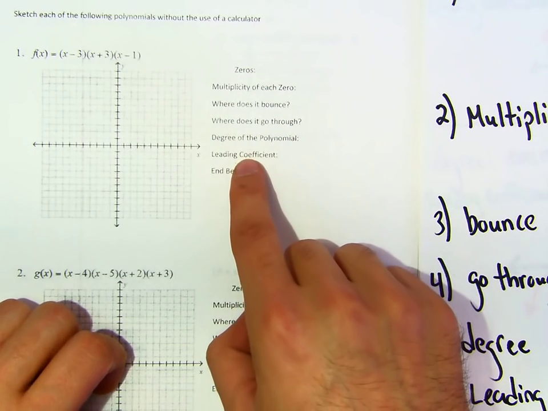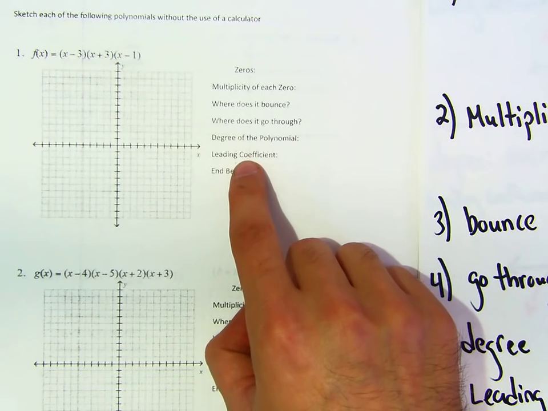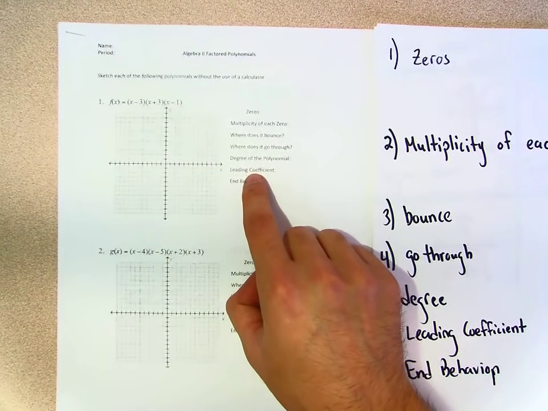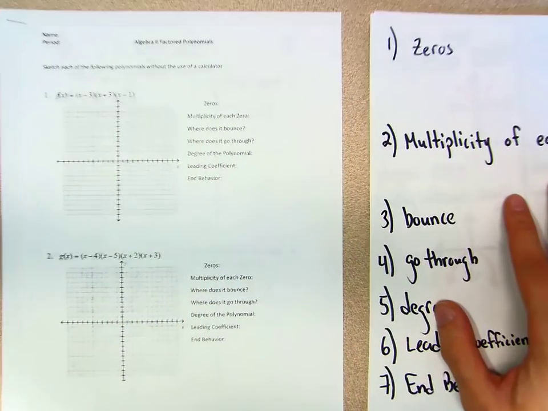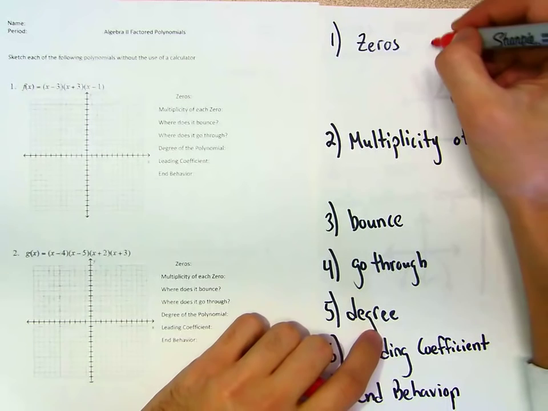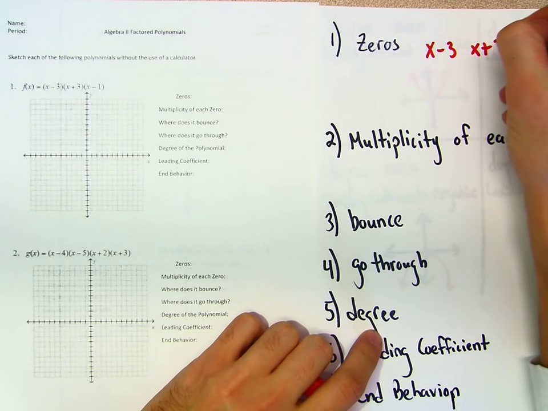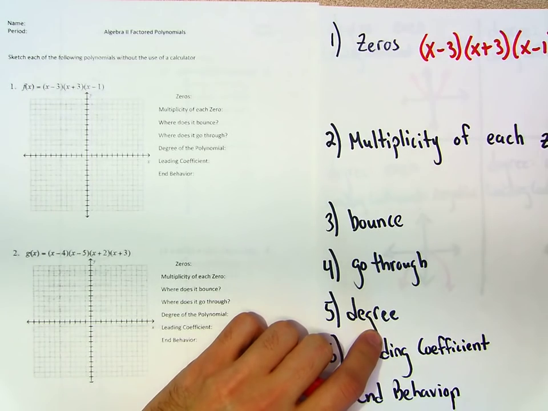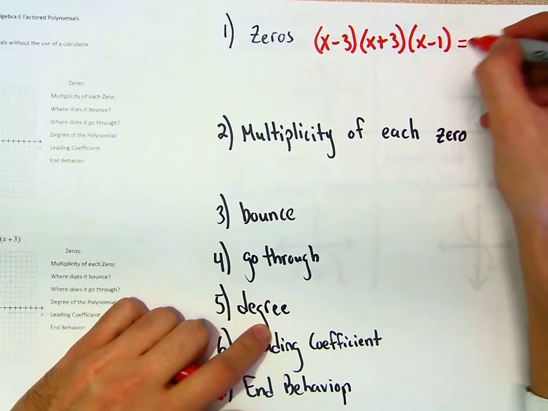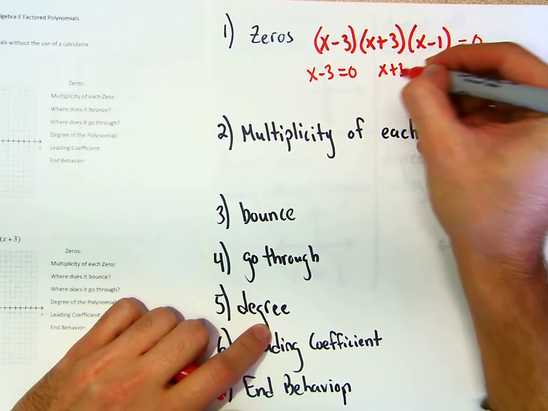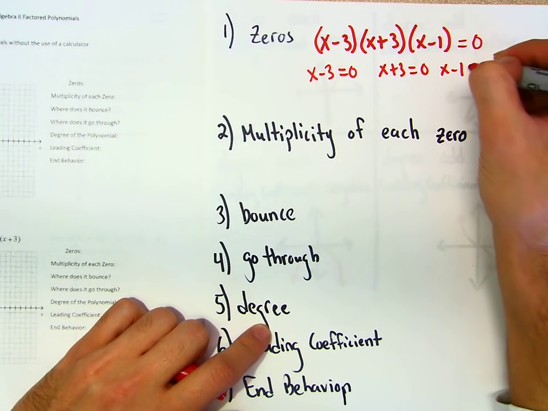These are very important properties, so let's go through all of them. I'm going to zoom out a little bit, and let's go through each one. The first one: let's find the zeros of the polynomial. If I have some polynomial, x minus 3, x plus 3, and x minus 1, to find the zeros I just make each factor equal to 0. x minus 3 equals 0, x plus 3 equals 0, and x minus 1 equals 0.